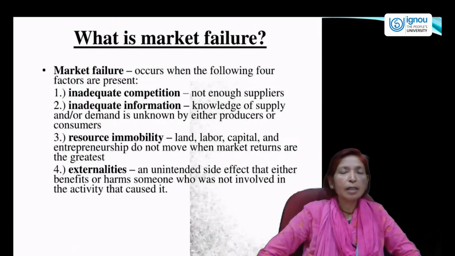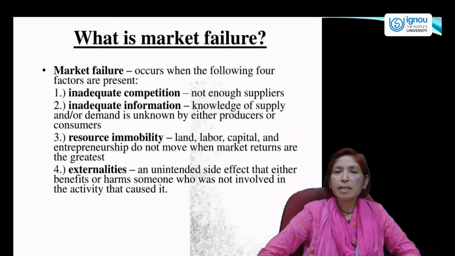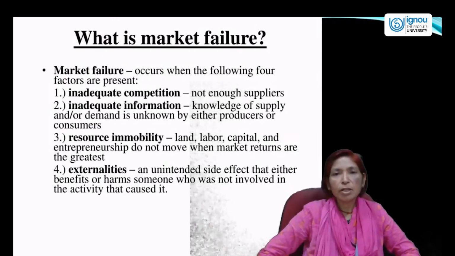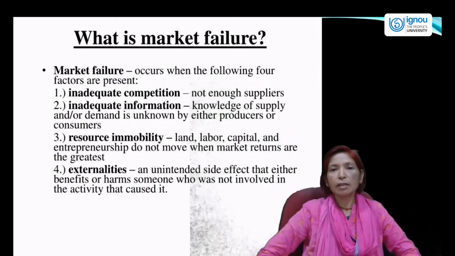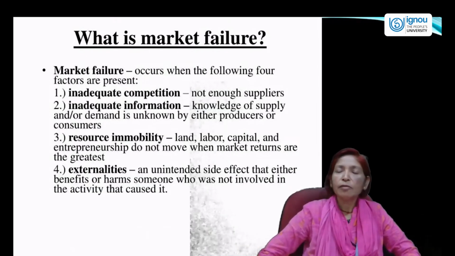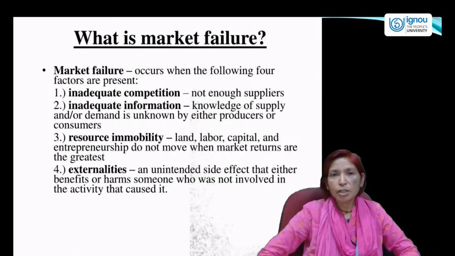Market failure generally occurs when the following four factors are present. One is inadequate competition. If proper competition does not exist in the economy, then the market will become a failure. Second is inadequate information.